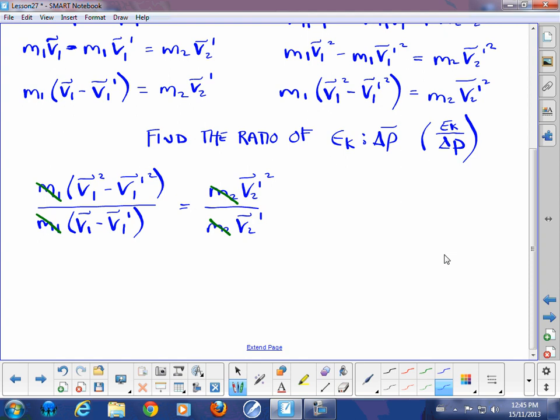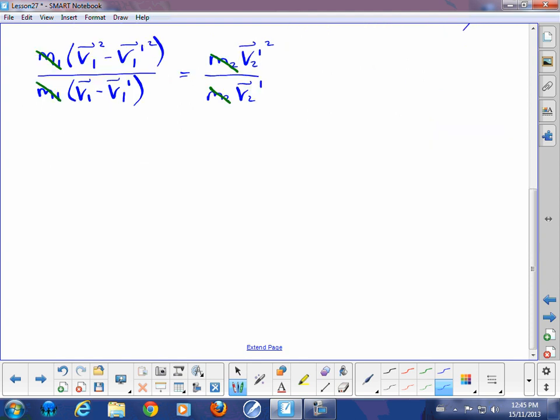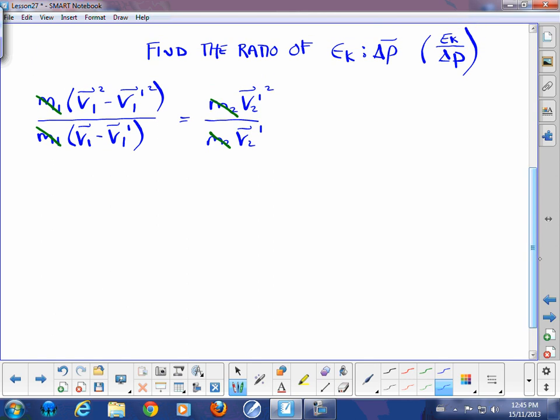Those expressions with velocity, if you take a look at the numerator, I have v1 squared minus v1 prime squared. It's actually a difference of squares, a grade 10 concept. Both the first and the second term are perfect squares, there's only two terms, and there's subtracting involved.